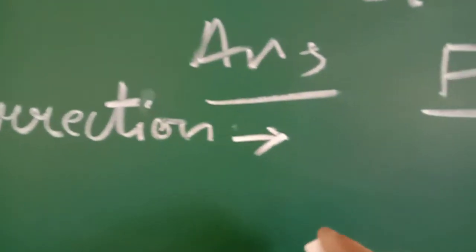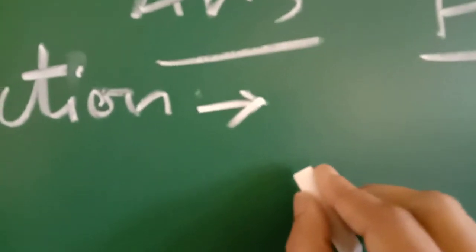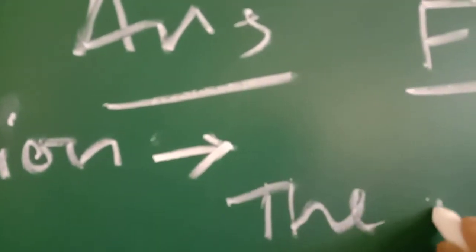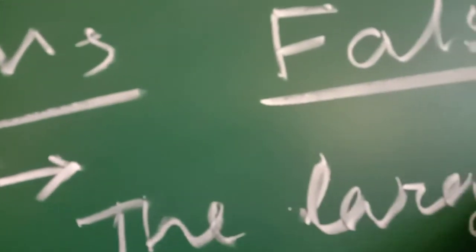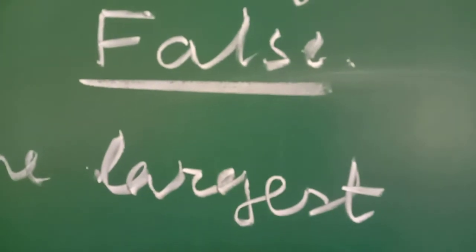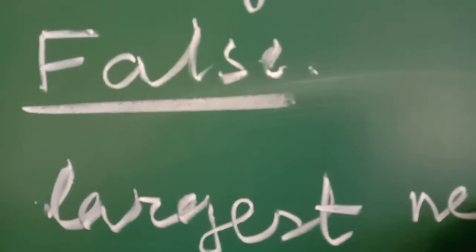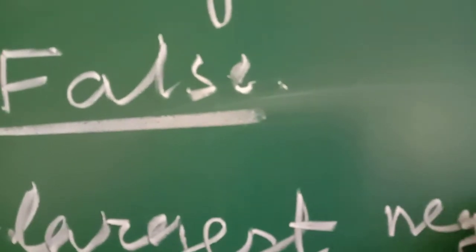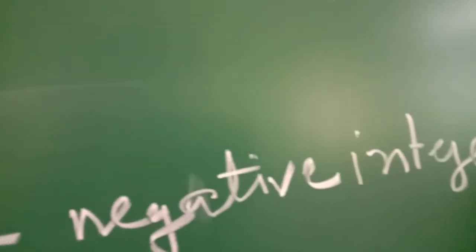And for the correction, what you will write? The largest negative integer is -1.